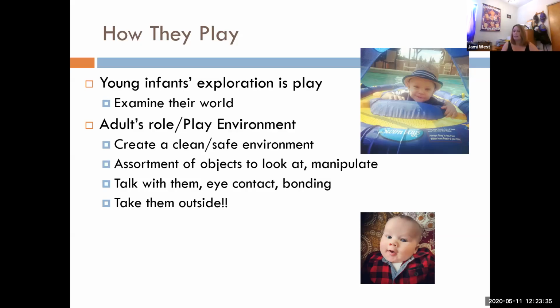Take them outside. It doesn't matter what the weather is, you guys. If anybody's ever grown up where it snows, babies go outside and they are okay. We don't get sick from being outside in the cold. Babies aren't going to get sick from being outside in the cold. I know that might freak some of you out.